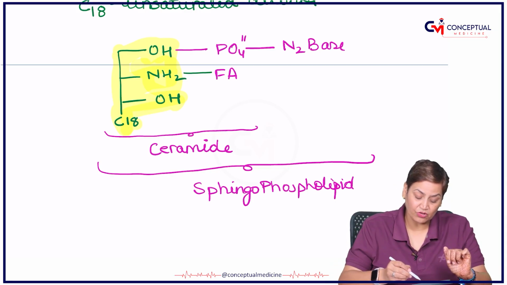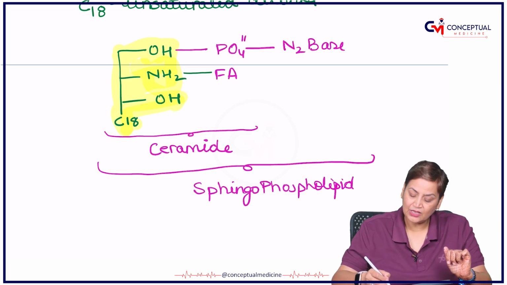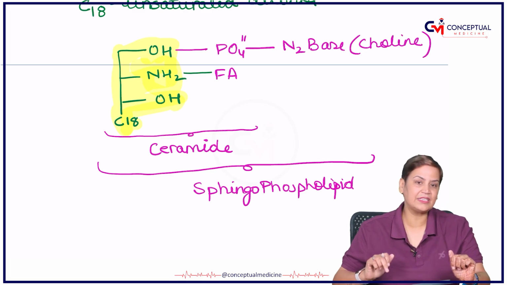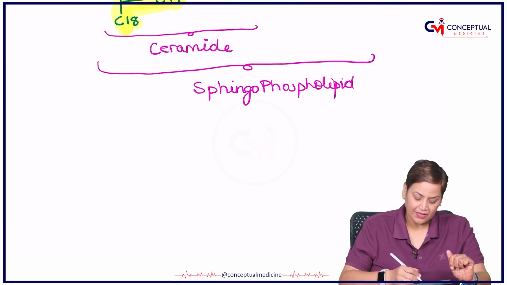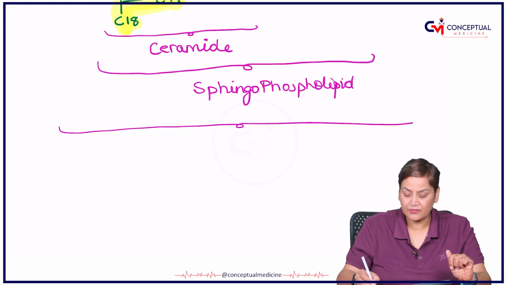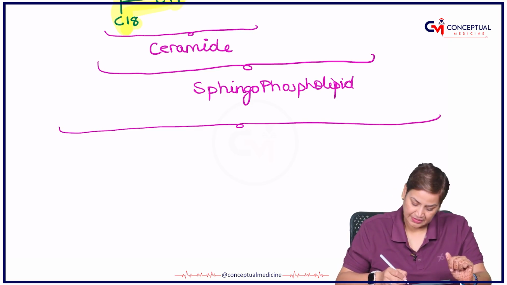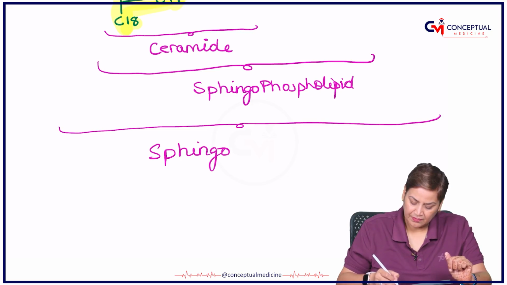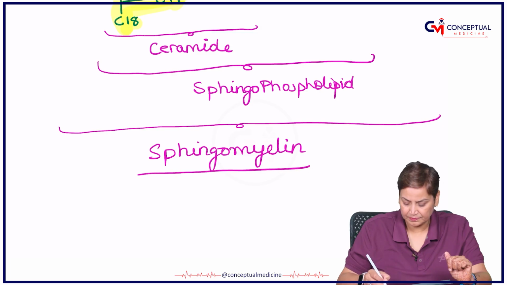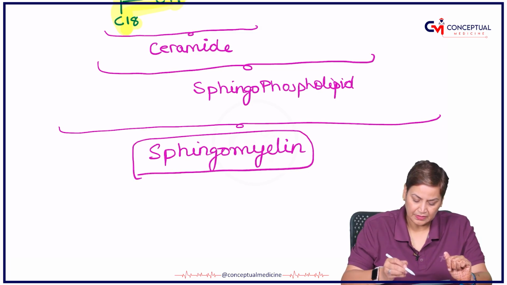Now, if this nitrogenous base is choline, again I will repeat, if this nitrogenous base is choline, we will call it sphingomyelin. Very, very important.